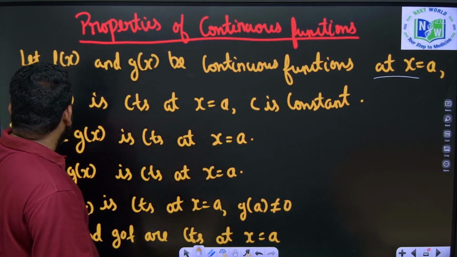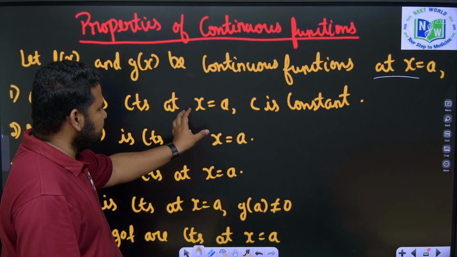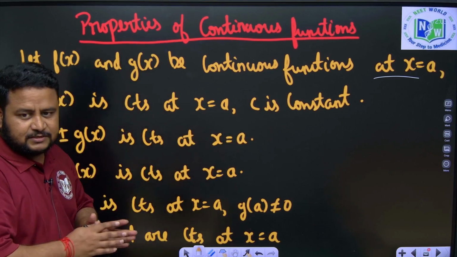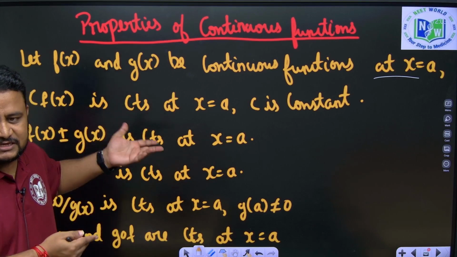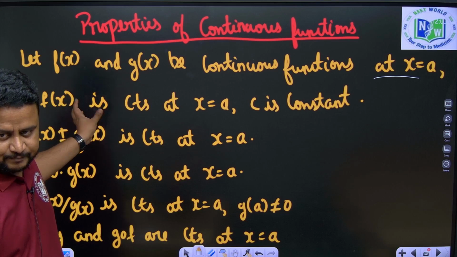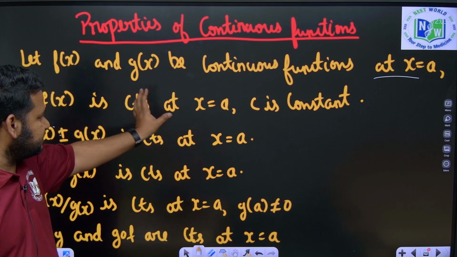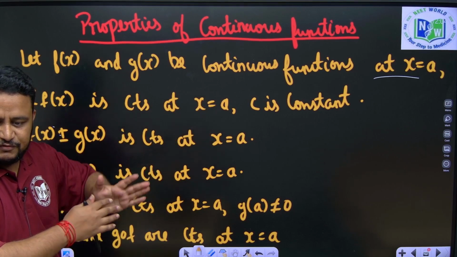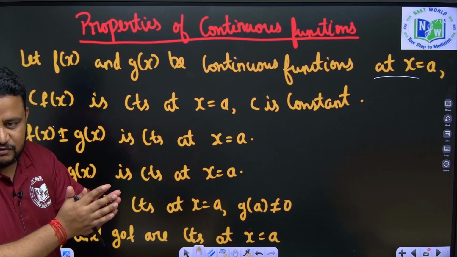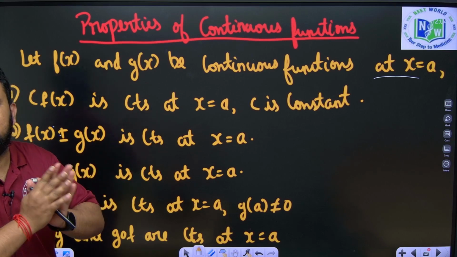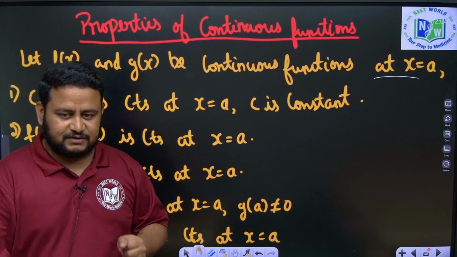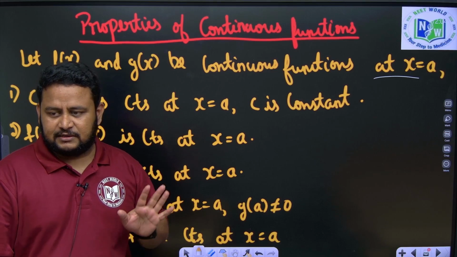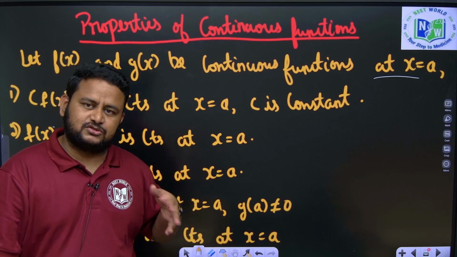Then c times f of x is continuous at x is equal to a, where c is a constant. What it means is, if f of x is continuous and you multiply some constant c with f of x, that function will be continuous. Suppose f of x is given, 2 times f of x is also continuous.